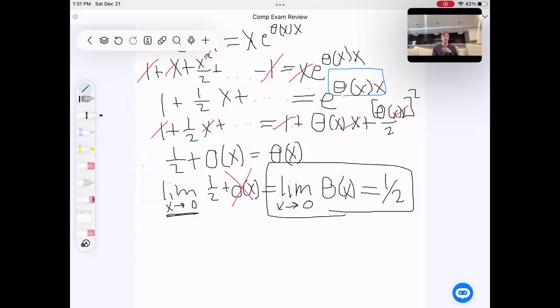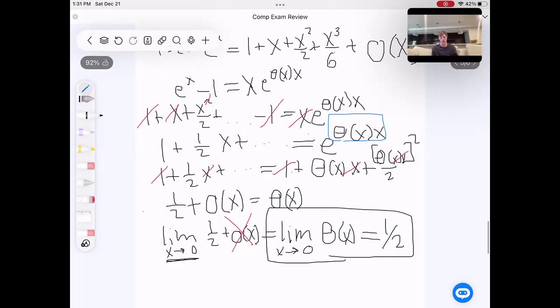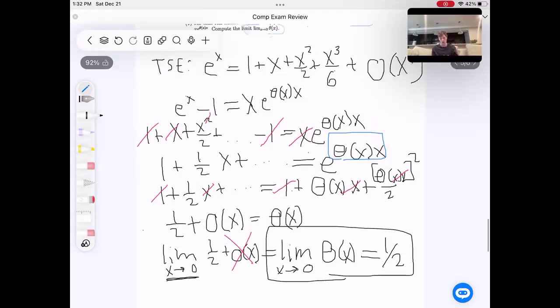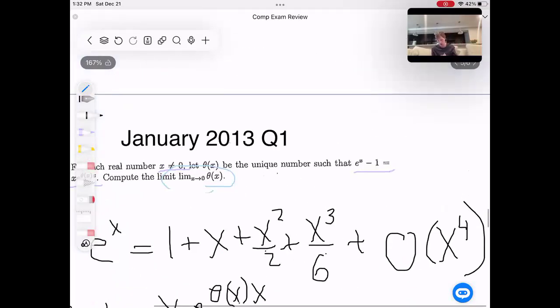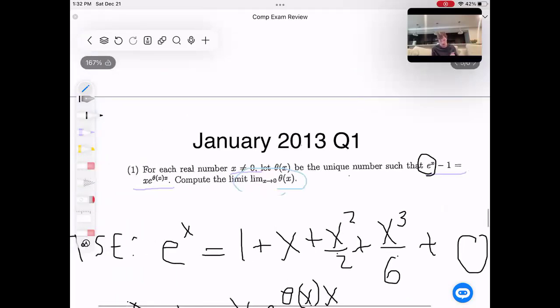I know that this is a rather complicated process, but basically whenever we see a relatively complicated equation where we're comparing similar but different things on both sides. If we look at our original equation, we see that there's an e to the x on this side and an e to the something on this side. We also see that the limit is x approaching 0.